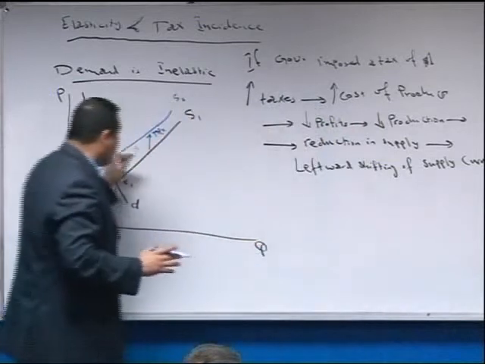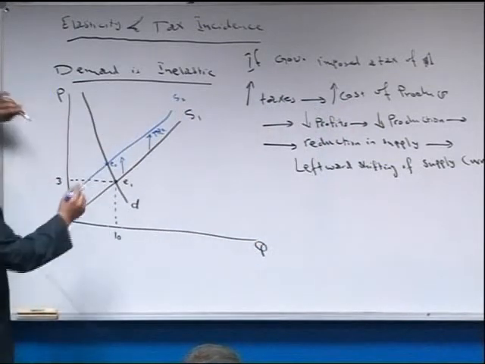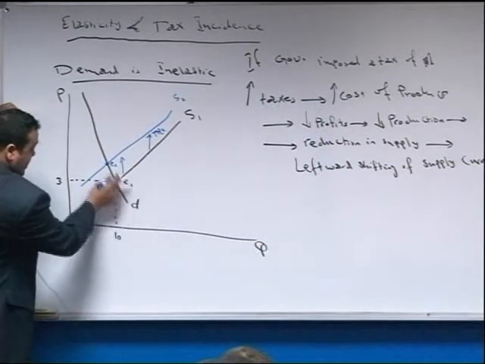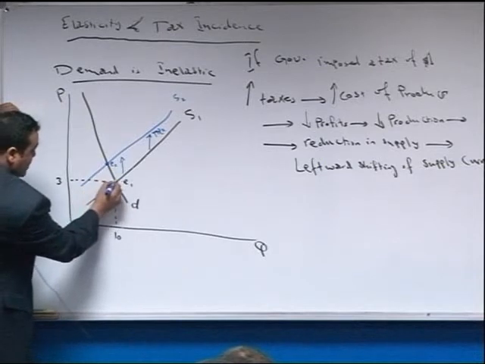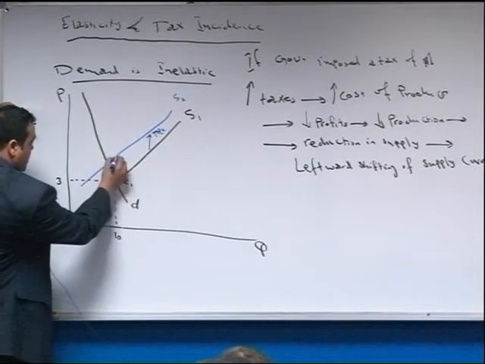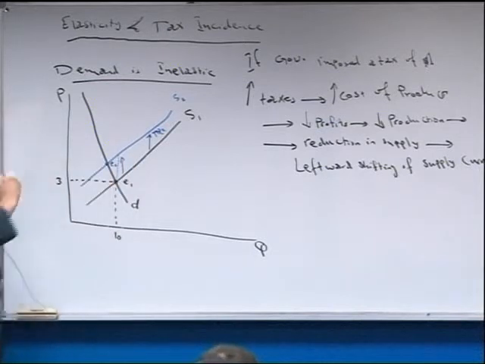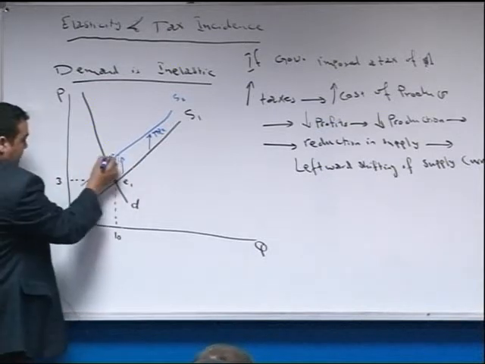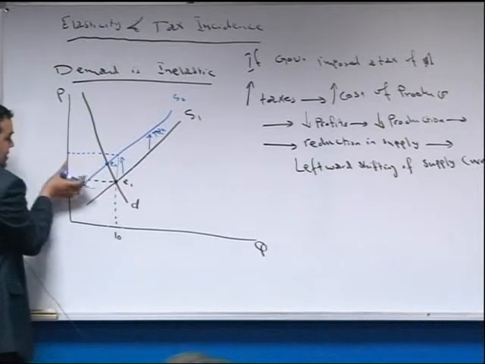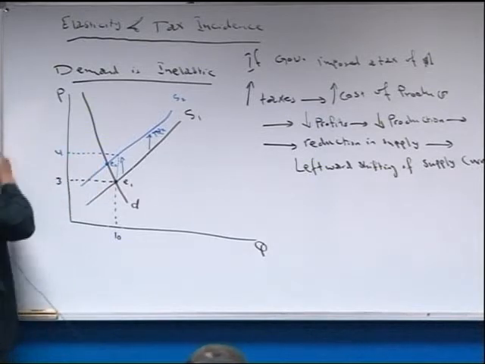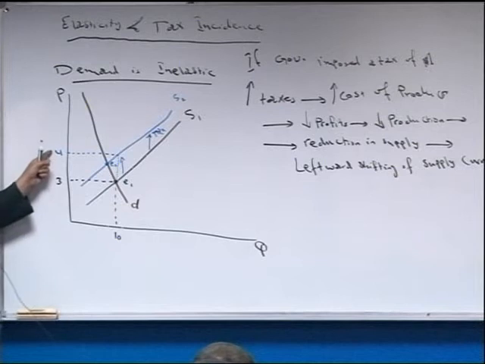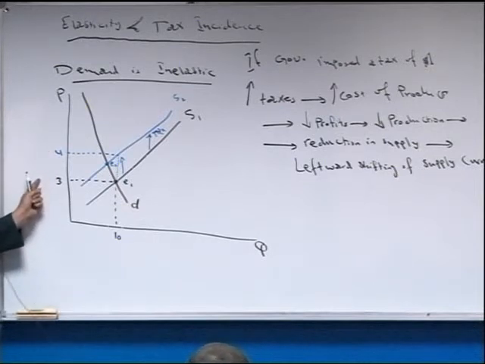It depends on the price elasticity of demand, or whether the demand is elastic or inelastic. So as you see, this is the value of tax from S1 to S2, right? So in this case, the total price would be 4. From 3 to 4, it's a 1. This is the value of taxes, right?